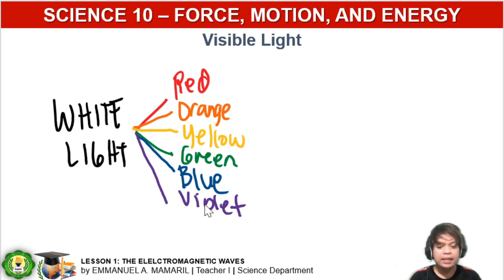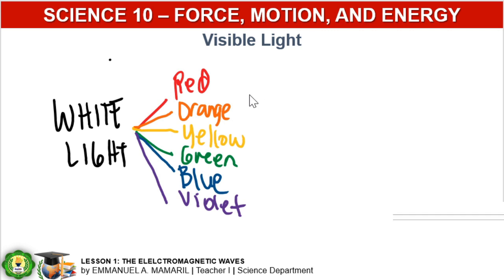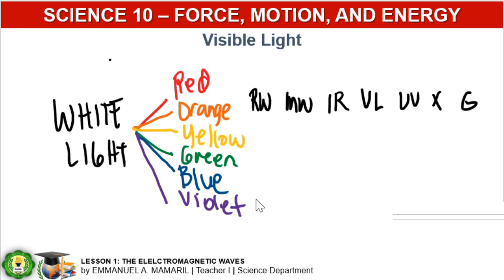Now, if we arrange them into the electromagnetic spectrum, of course we have the radio wave, followed by the microwave, and then the infrared, the visible light, then the ultraviolet, X-ray, and gamma rays, no?